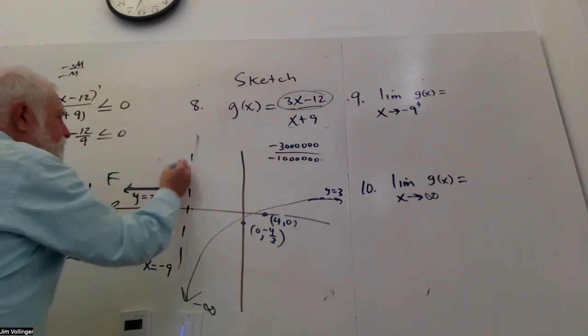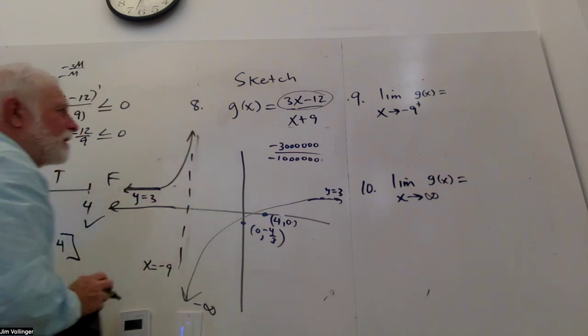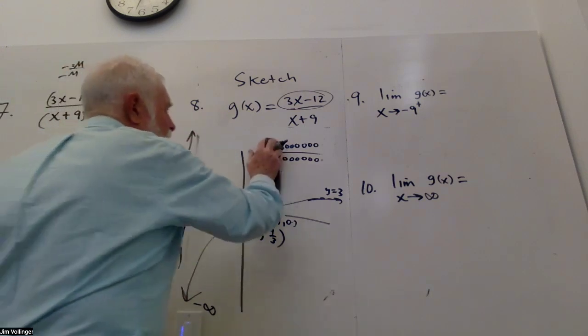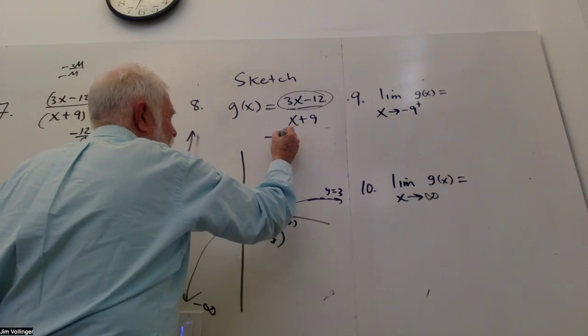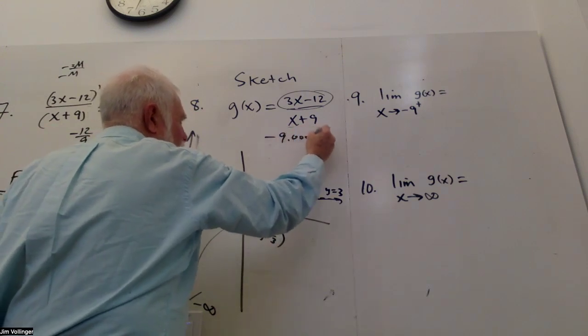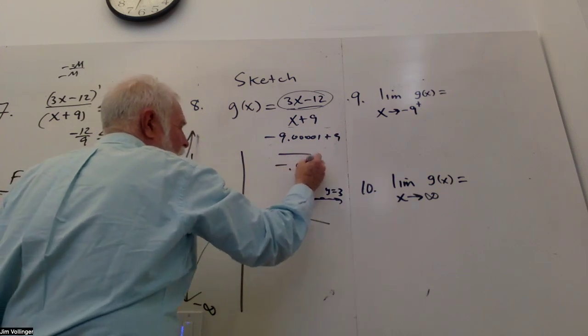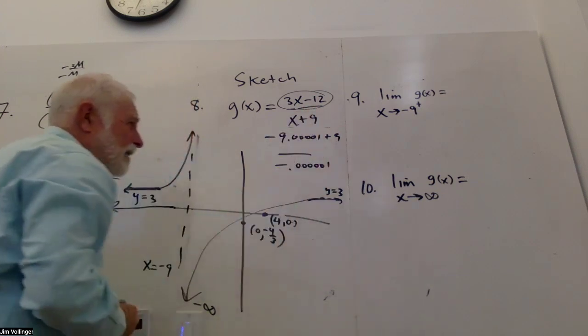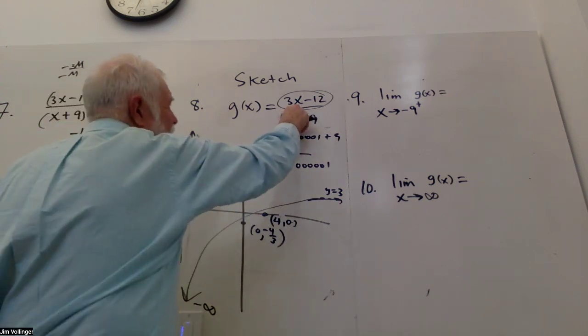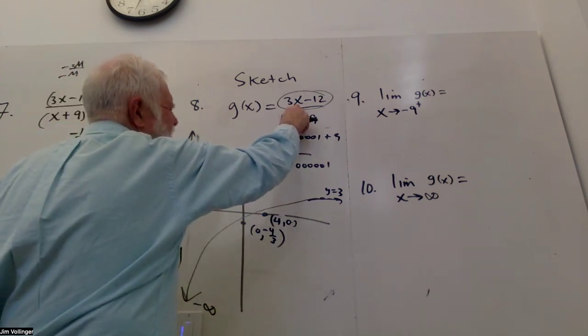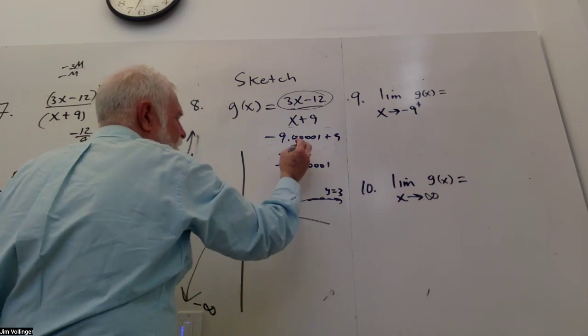And then what happens when I put in not negative 8 point, but negative 9.1 plus 9? I get a sign change, negative point, well, I don't know. And that's going to fit into something close to negative 27 minus 12, negative 39.